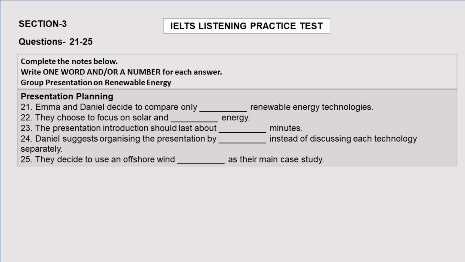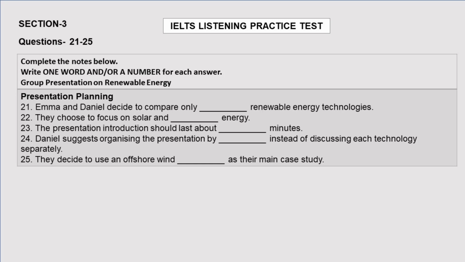For example, you could introduce both technologies and explain how they generate electricity. Then I'd compare installation costs, efficiency, environmental impact, and long-term maintenance. Oh, I see. That would avoid unnecessary repetition. I was worried the audience might lose track if we kept switching between topics. Exactly. It should also make the presentation sound more connected.